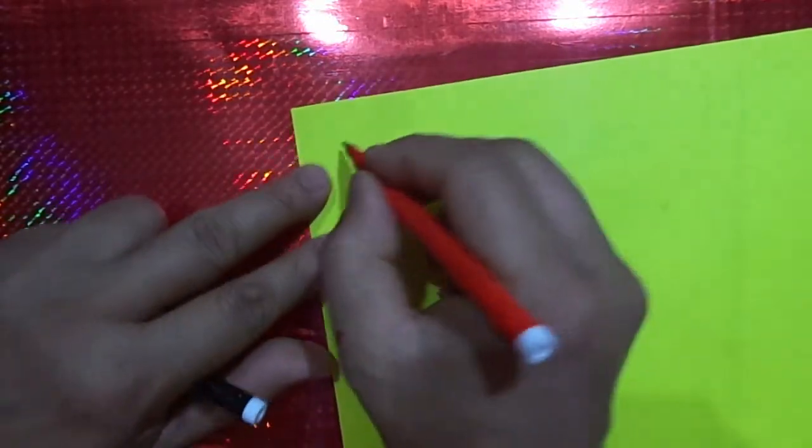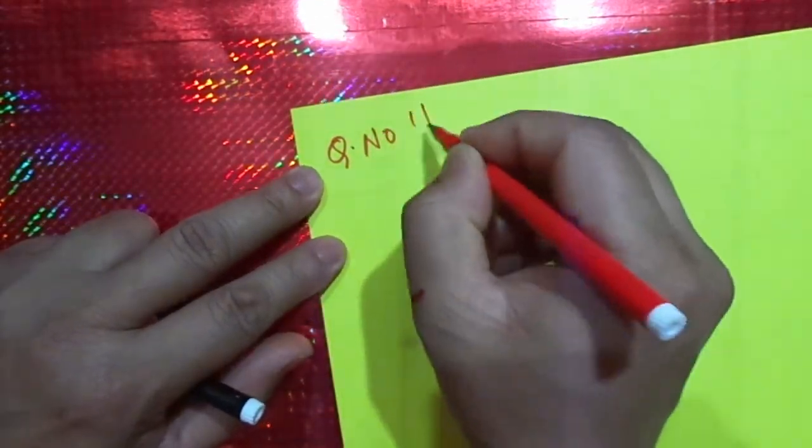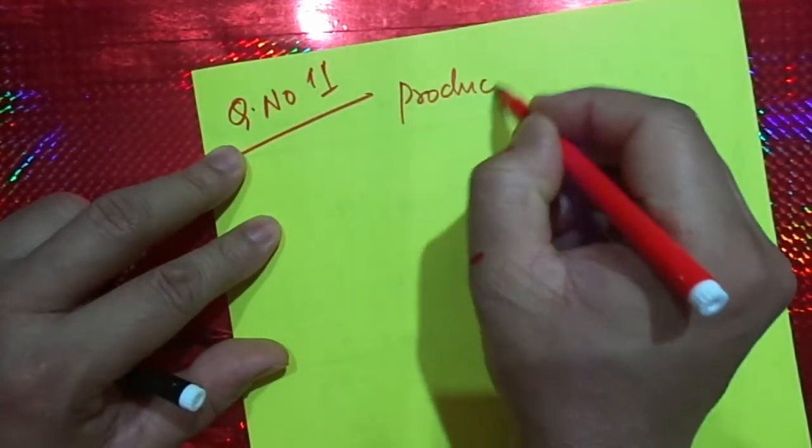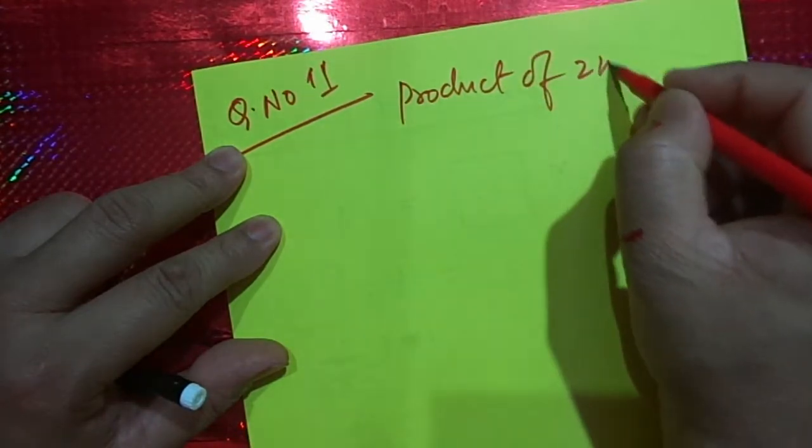Question number 11 is also the same. When you come to question number 11, I'll just give you a format of it. Again, it's talking about the product of two numbers.